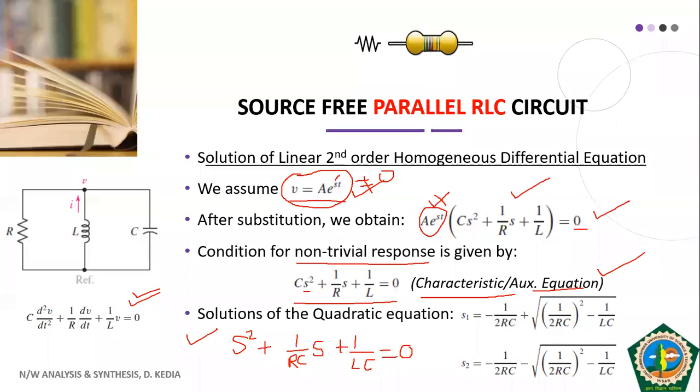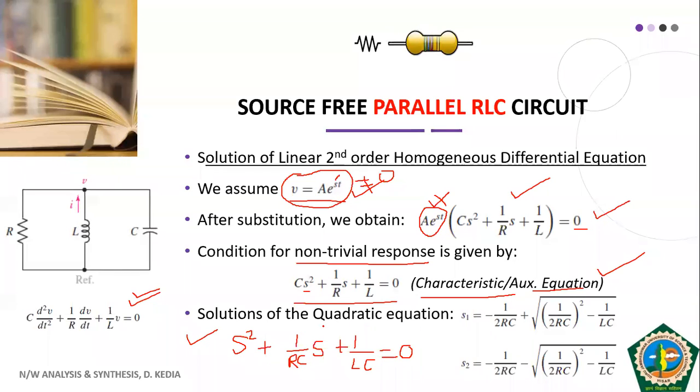And we know the solution of a quadratic equation: minus b plus minus under the root b square minus 4ac, divided by 2a. This is a very common solution that you have already studied at school level. The same thing we apply here.